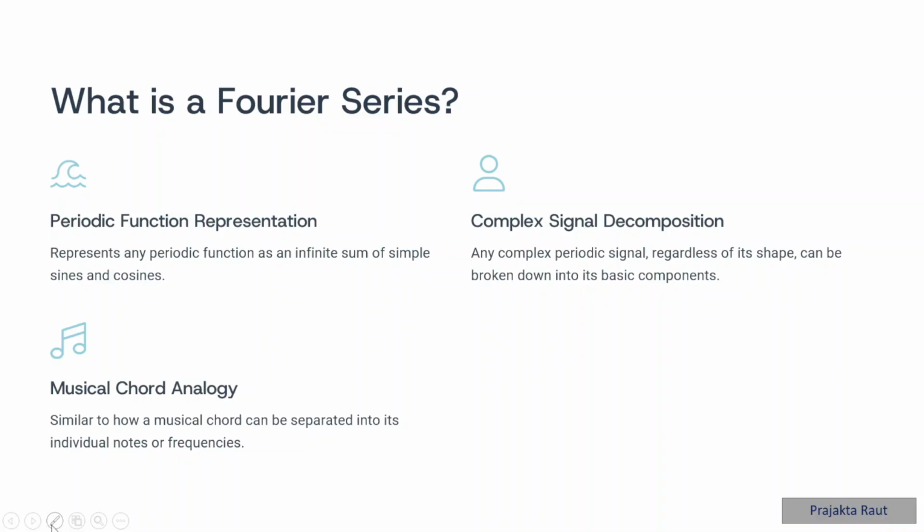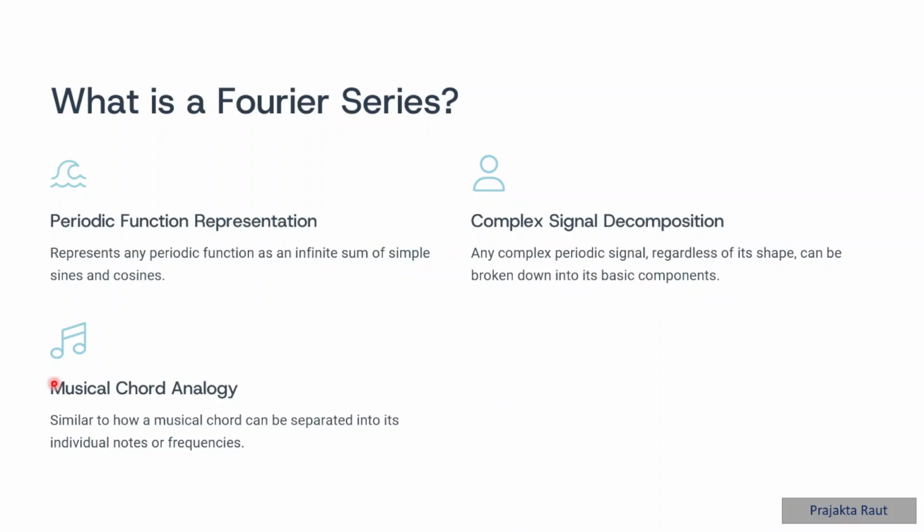Here we can see, for periodic function representation, Fourier series represents any periodic function as an infinite sum of simple sines and cosines. So we are going to represent the given function in terms of sines and cosines, which is an infinite sum. Then in complex signal decomposition, the periodic signal, regardless of its shape, can be broken down into its basic components.